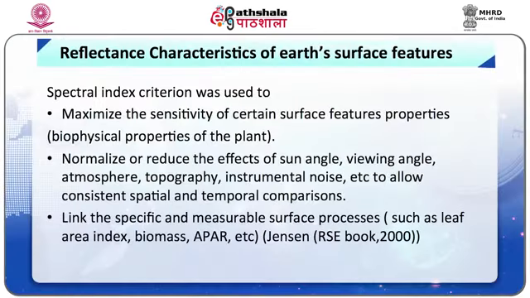The reflectance characteristics of the Earth surface features. Spectral index criterion was used to maximize the sensitivity of certain feature properties, that is biophysical properties of a plant. Normalize or reduce the effect of sun angles, viewing angles, atmosphere, topography, instrumental noises, etc. to allow consistent spatial and temporal comparisons.